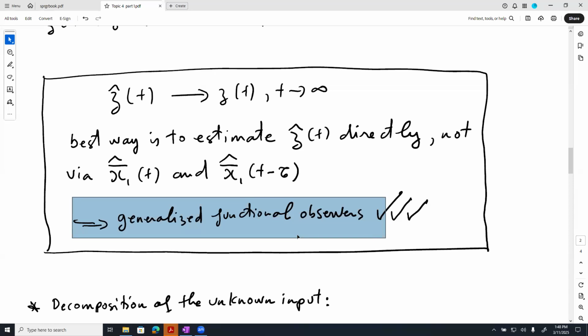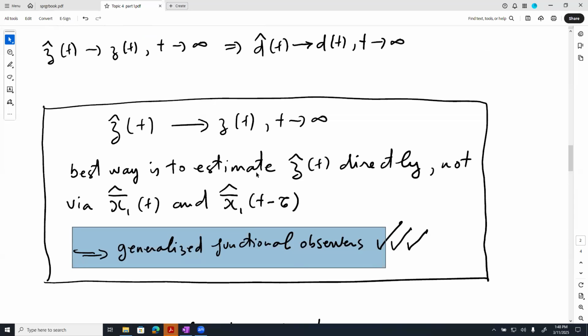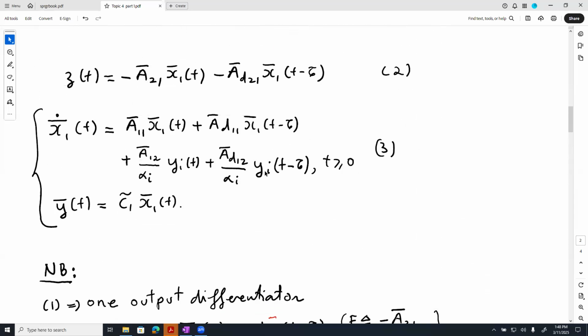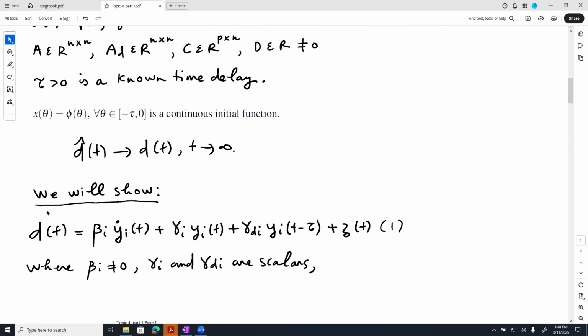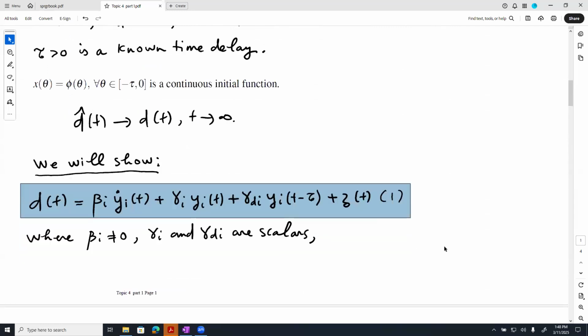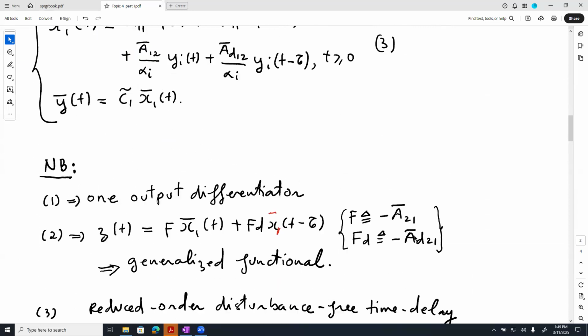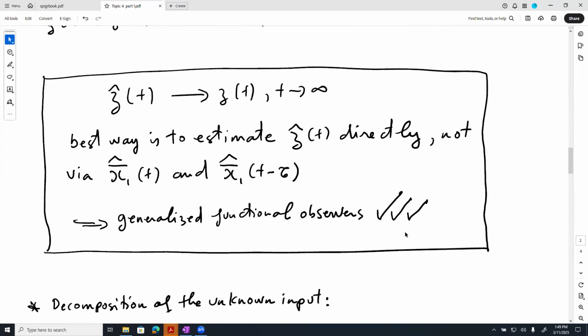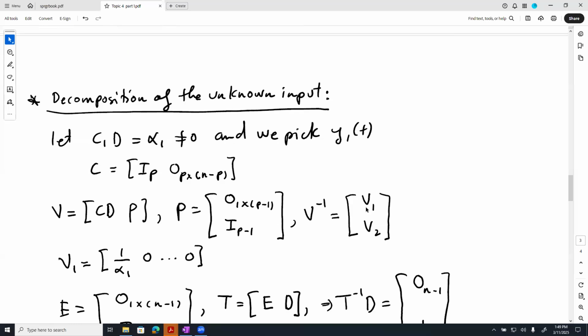And so let us show that we can actually achieve the following decomposition. Okay. And then we will talk about the significance of generalized functional and so on later on. Right, so the decomposition itself is really straightforward, by the way.